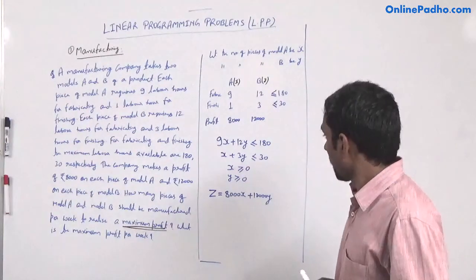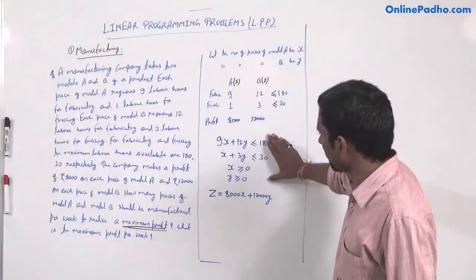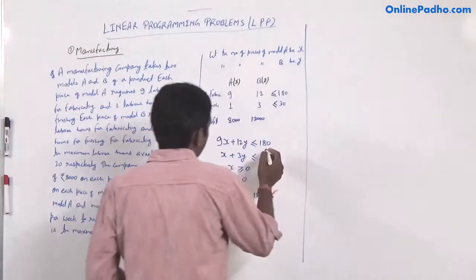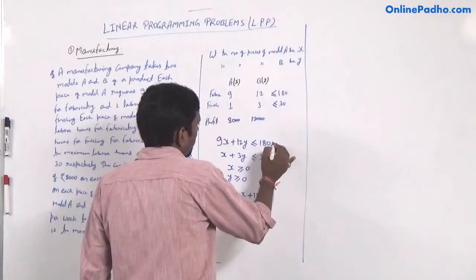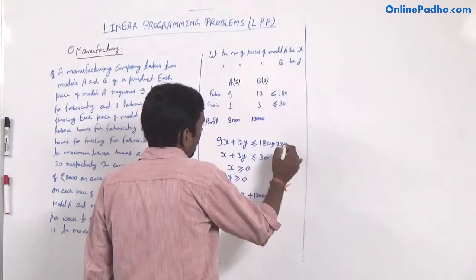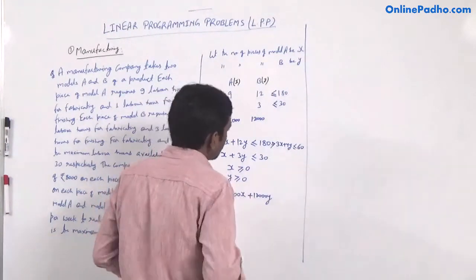Right? Now we need to draw the graph for this. We can simplify the first inequality. After cancelling 3 from both sides, we will get 3x plus 4y is less than or equal to 60.